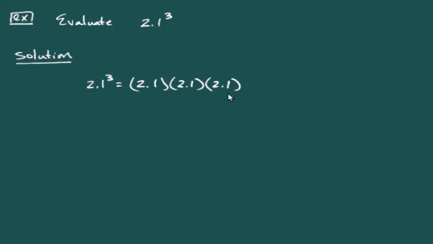So taking these in pairs, 2.1 times 2.1 is going to give us 4.41. So we've got our 4.41 times our 2.1. Now we multiply that, and 4.41 times 2.1 is going to give us 9.261.